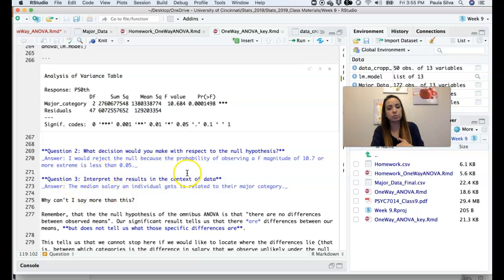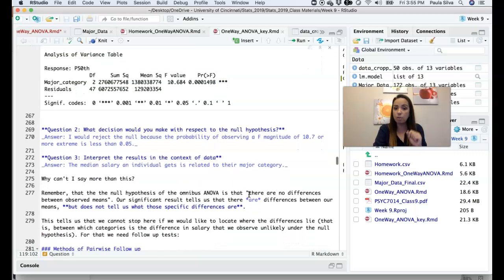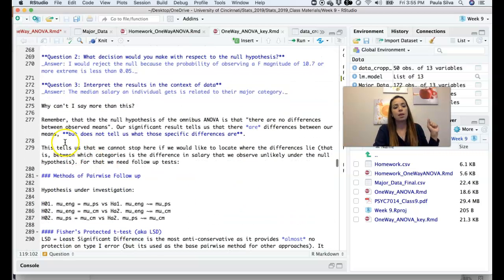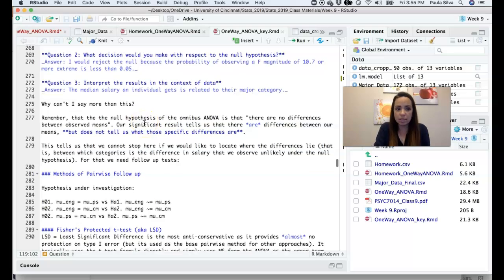And what's the interpretation of the results in the context of the data? The median salary an individual gets is related to their major categories. At least 2 major categories differ from each other out of these 3 we are analyzing in terms of the median salary. Why can't we say more than this at this point?